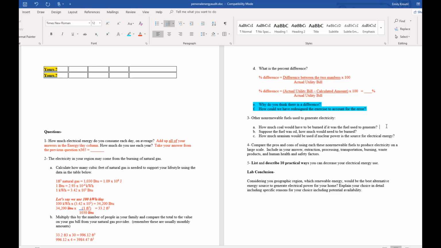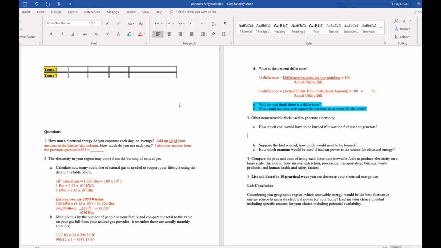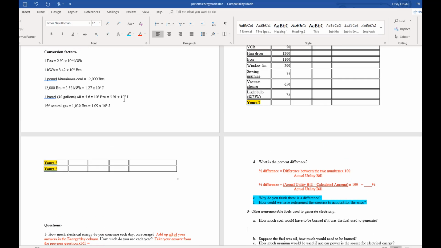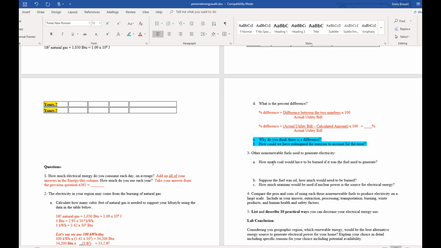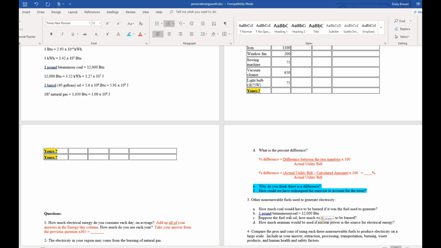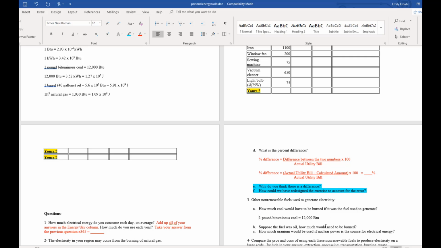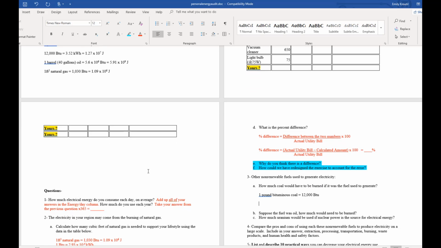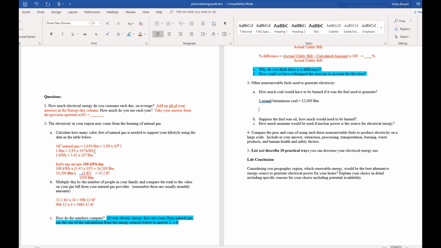How much coal would have to be burned if it was the fuel used to generate? So you'll do the same calculations, right? You'll just use this first. Oh, that's not what I wanted. Okay, so you'll use that.